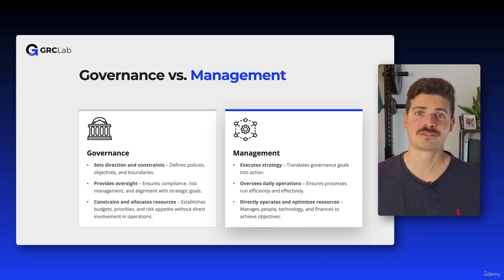Contrary to popular belief, CEOs or other members of executive management are a managerial function and are not tasked with governance activities. They are the ones executing the strategy outlined by the board. So in short, governance provides the vision and constraints, while management makes it happen. Without governance, management lacks direction, and without management, governance remains just theory.